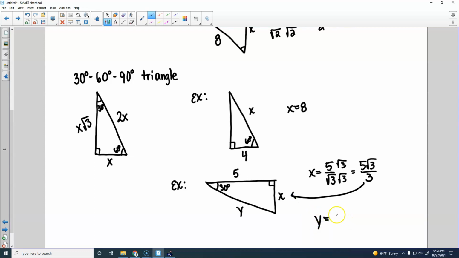Multiply this by 2. So 2 times 5 root 3 over 3. This fraction is like it's over 1. So that's going to give you 10 square root of 3 over 3 here. Still a little quicker than setting up trig, not as much quicker.